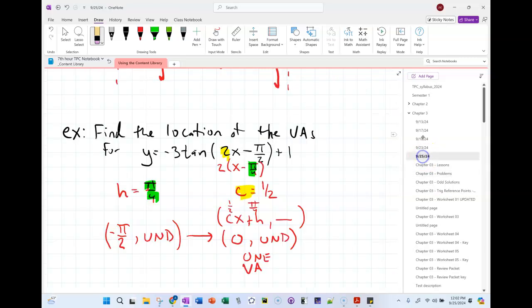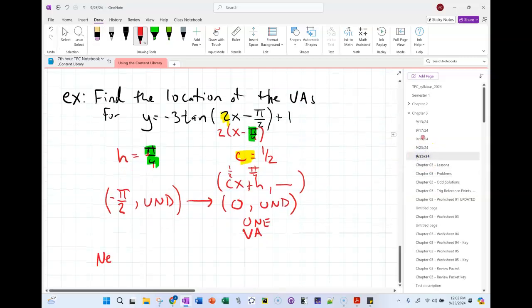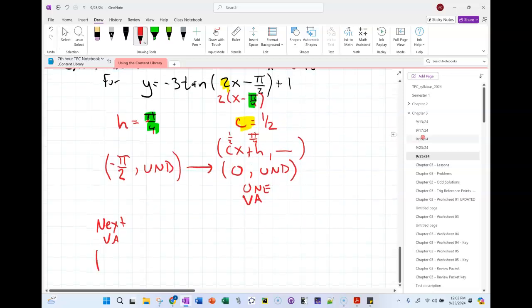So my next vertical asymptote is going to be 0 plus a period, and our period was pi times the absolute value of c.